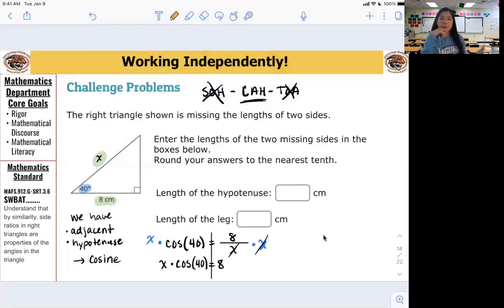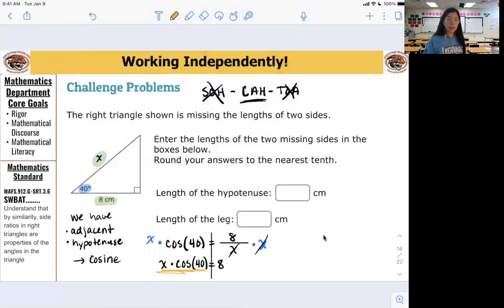Okay, that's okay. Let me ask somebody else. Eric, what operation is happening between the x and the cosine of 40? Am I doing x plus the cosine of 40, x times the cosine of 40, x divided by it? Times.